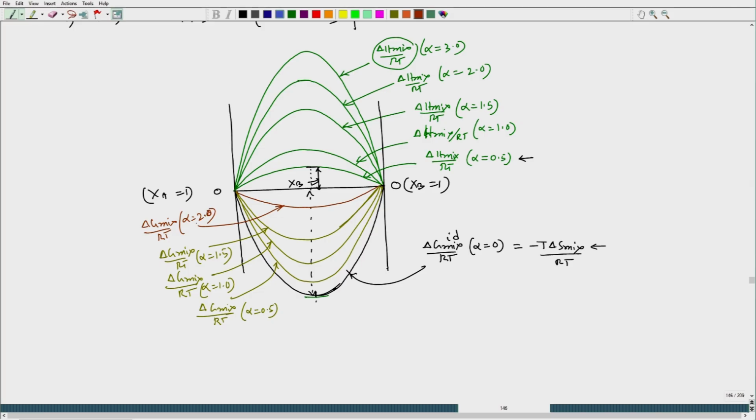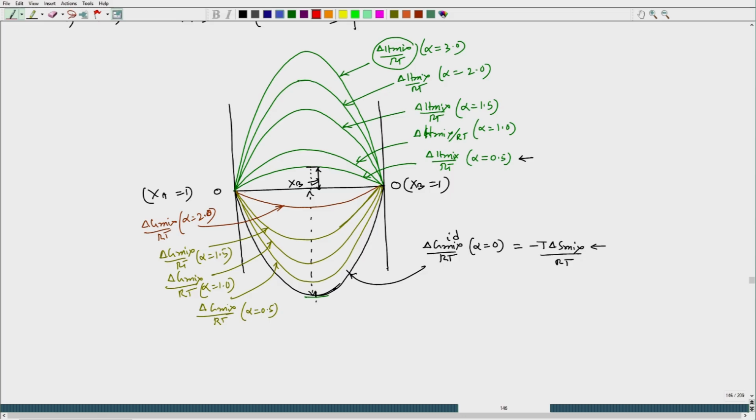Now, when it is 3.0, since we are starting with the 0 point, the curve will gradually, so let me do it with a red color. So, this midpoint delta G mix by RT at alpha equal to 3.0, around the midpoint of composition, will actually be more than the 0 value.